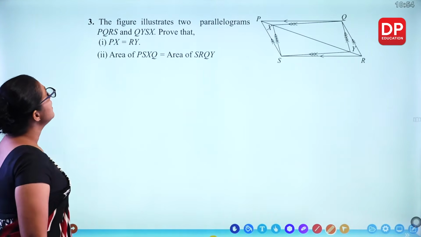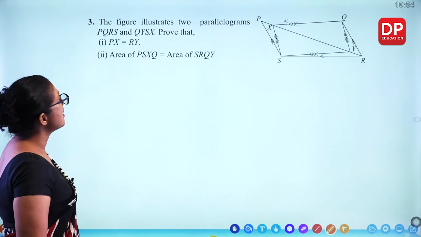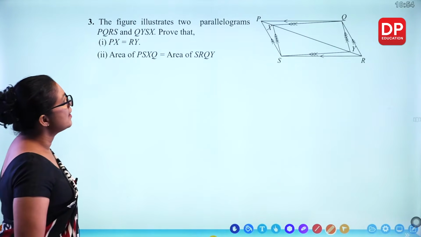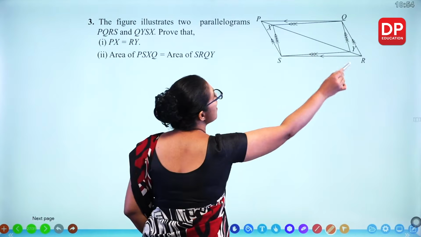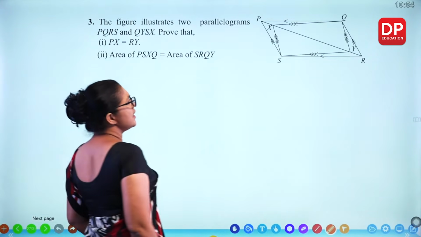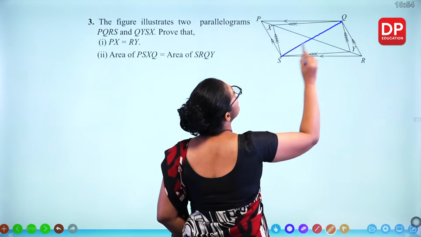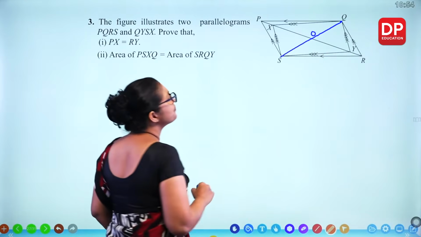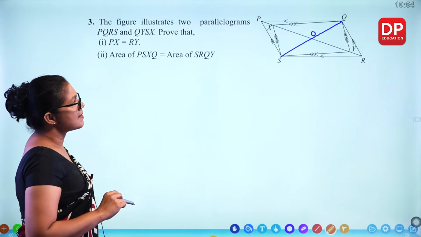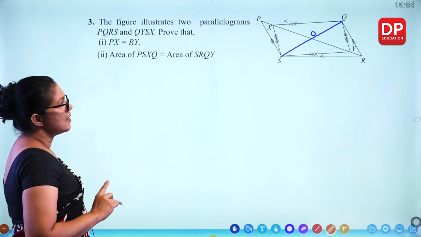Question number 3. The figure illustrates two parallelograms PQRS and QYSX. Prove that PX equals RY. So we'll first connect SQ, and then we'll write this as O. We know SYQX and SRQP both are parallelograms.